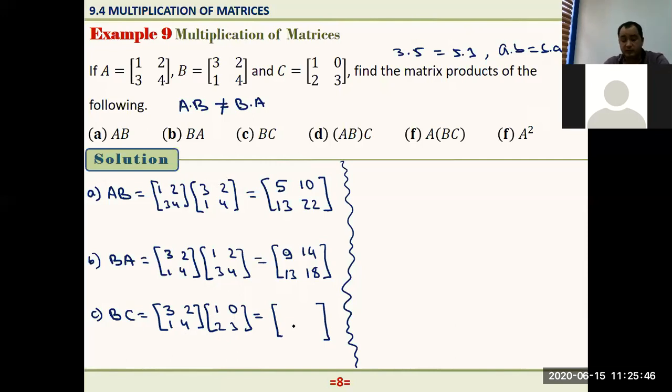Also, the resultant matrix will be 2 by 2. So to write the entries in the first row, I shall multiply the first row by each column, right? 3 times 1, 3, 2 times 2, 4, the sum is 7. 3 times 0, 0, 2 times 3, 6, the sum is 6. 1 times 1, 1, 4 times 2, it is 8, the sum is 9. 1 times 0, 0, 4 times 3, it is 12.